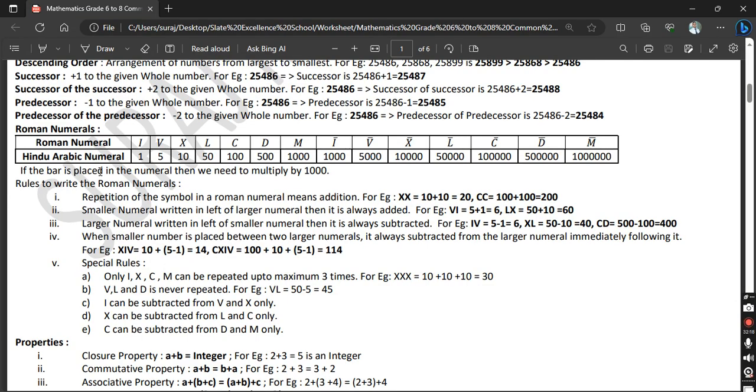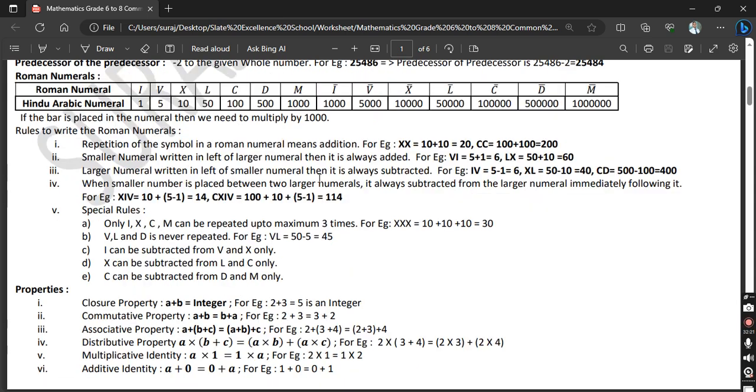Similarly, we need to write the number with a bar. As I already explained, there are certain rules you should remember for writing numerals, whether converting a Roman number into a Hindu numeral, or a Hindu numeral into a Roman number. The easiest one is that repetition means addition.